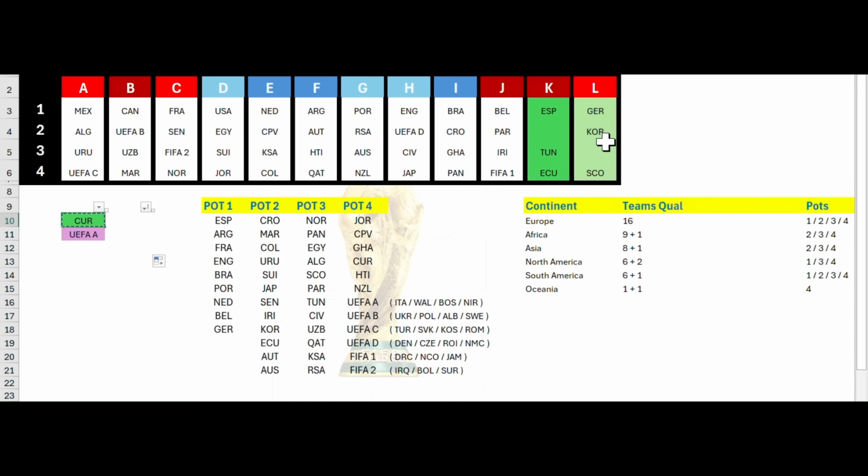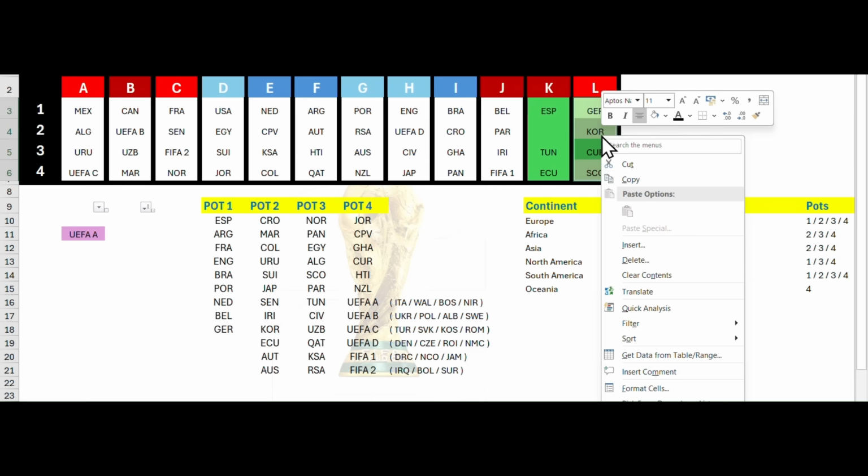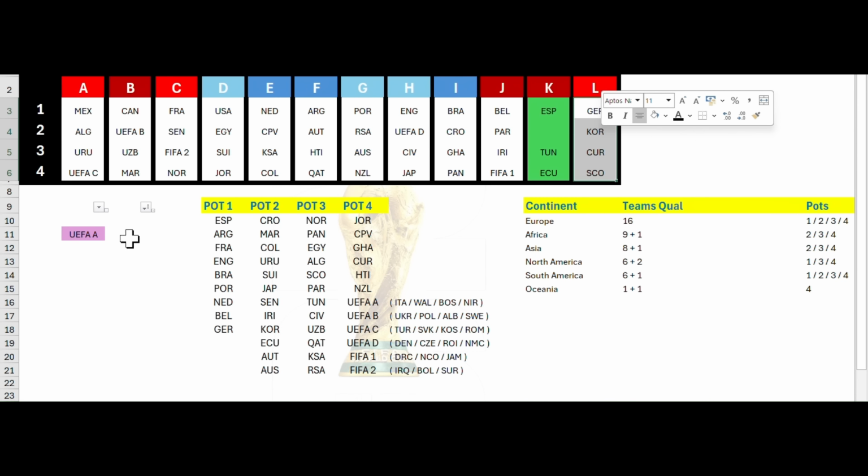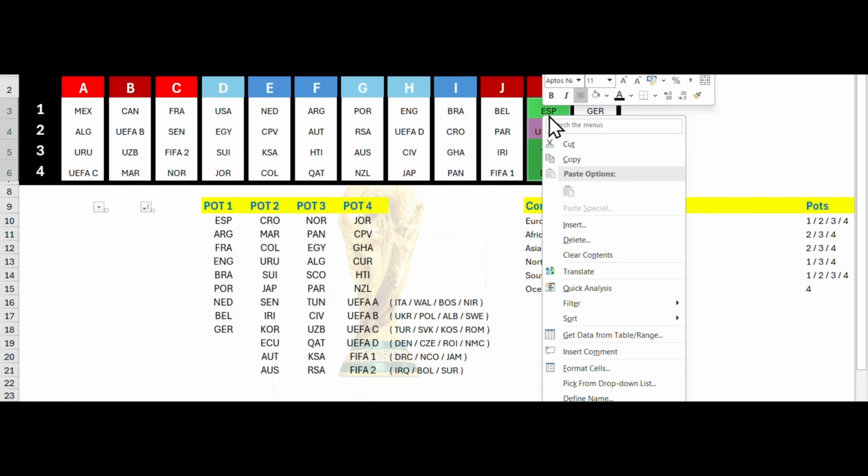Curacao, despite the colour match, will go into Group L, playing Scotland in their first match. And lastly, UEFA A, the dreaded UEFA A, potentially Italy, playing Spain first up.